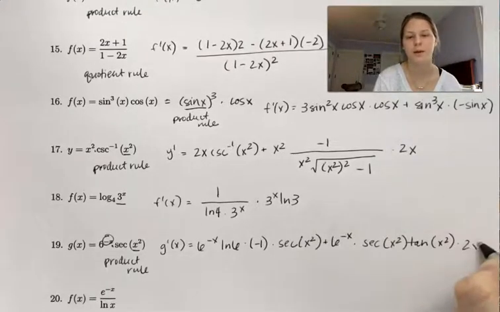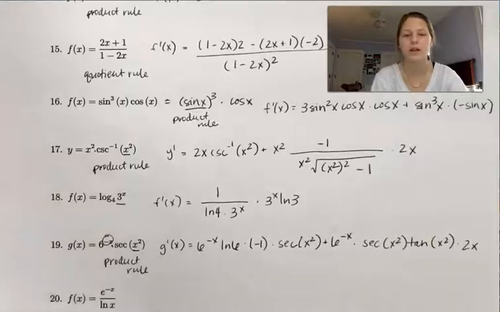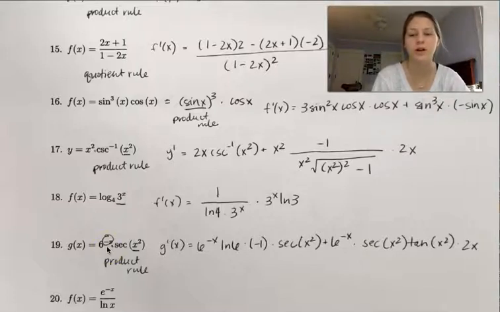And that's how we get our final answer. But the most important thing to look out for in this question is doing the chain rule with this negative x, because it is a very easy thing to miss and trip up on, and people do very often. So look out for that.